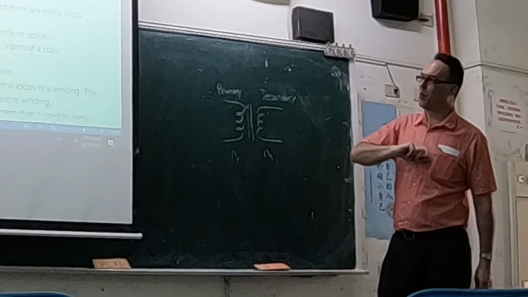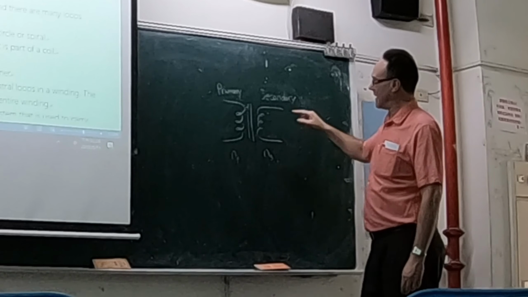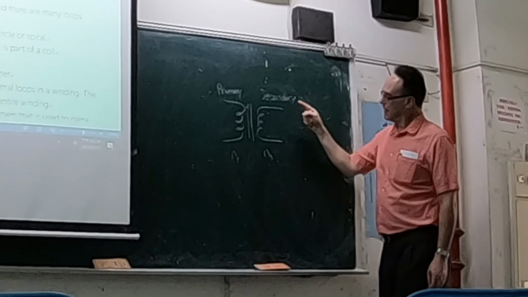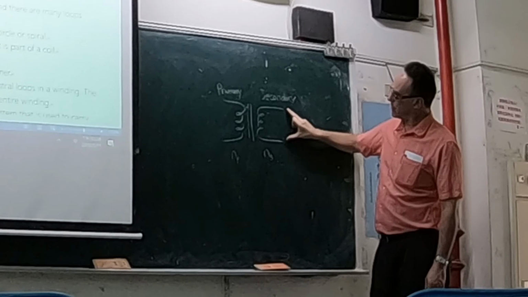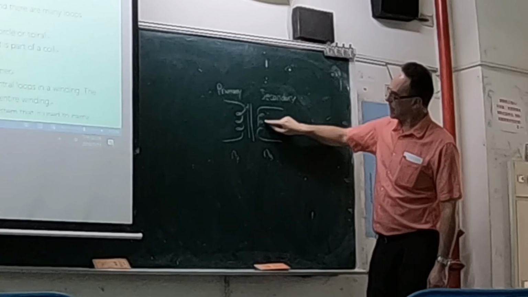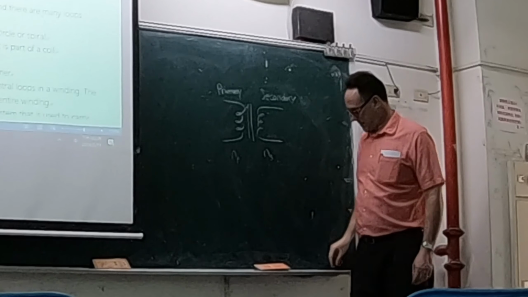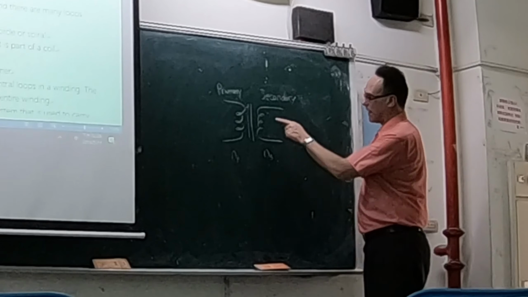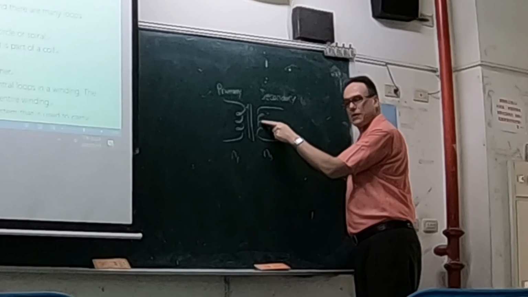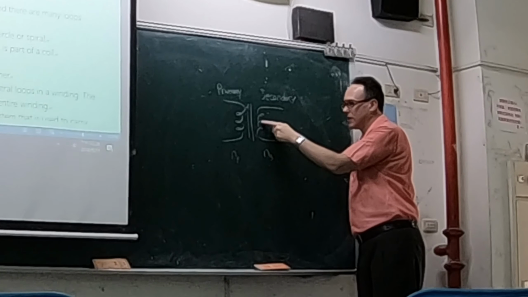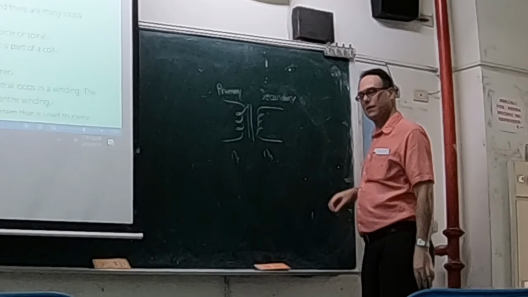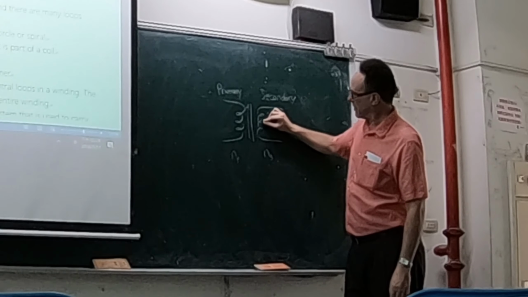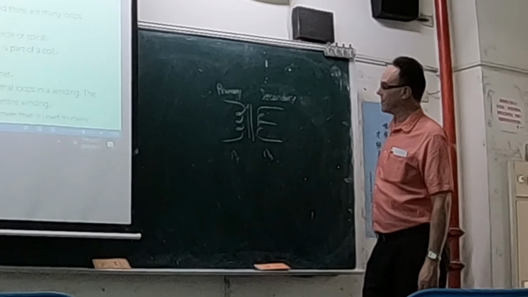Now, back to my point about the tap. A tap is where I don't use these two conductors on the secondary winding. Instead, I find one of these coils and I cut off the insulating layer, and I attach another wire right there.